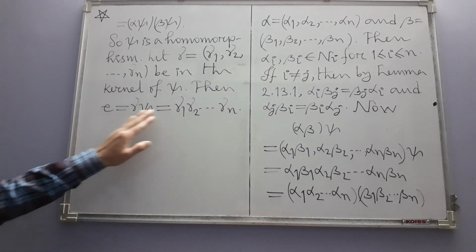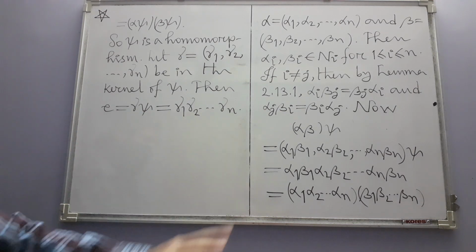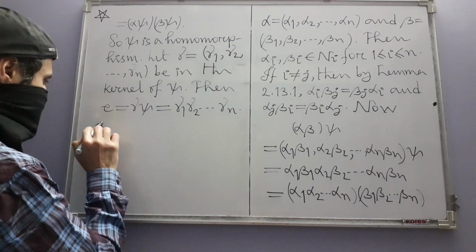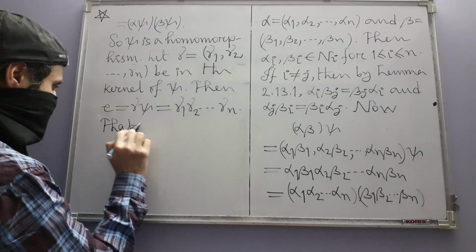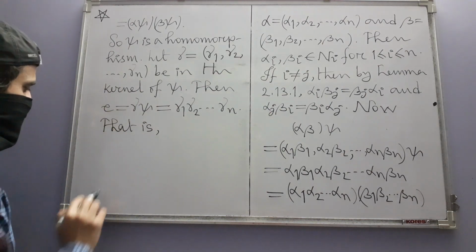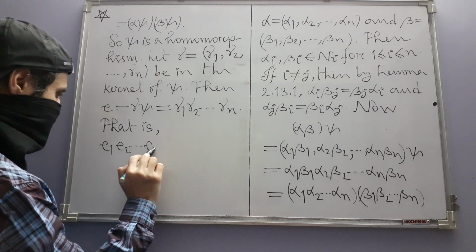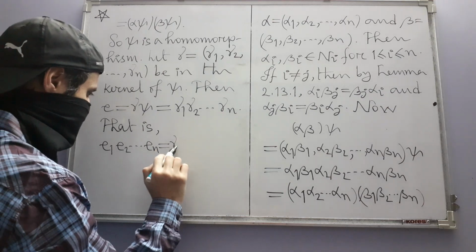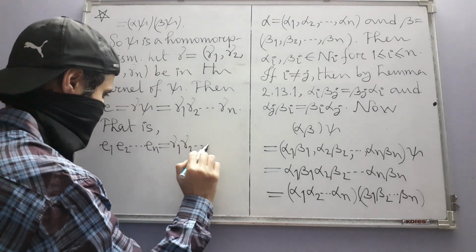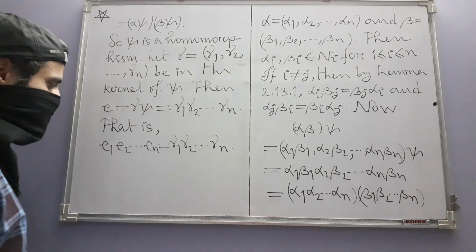Alright, now look at this equation. We can write this equation somewhat differently like this. E1, E2, etc. En equal to gamma 1, gamma 2, and so on, gamma m.